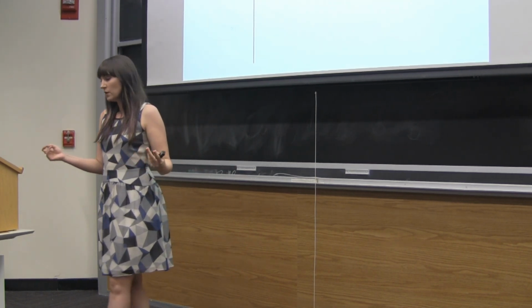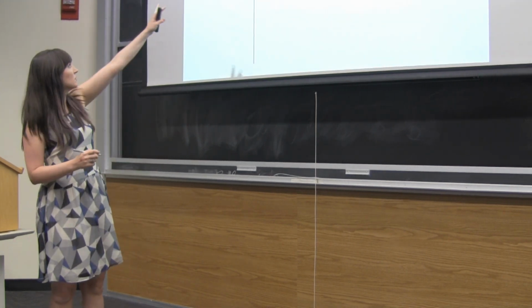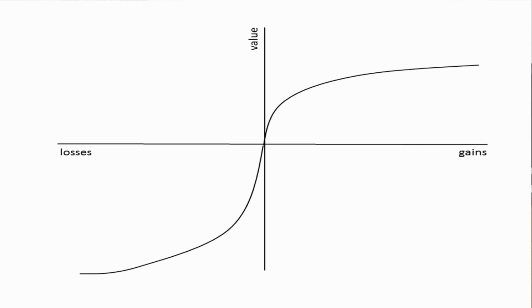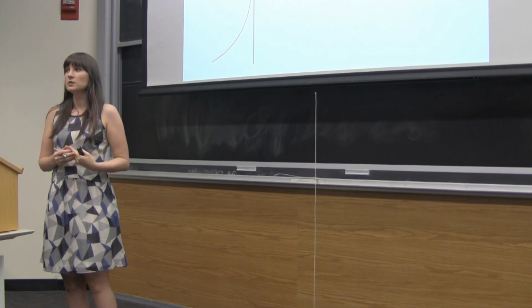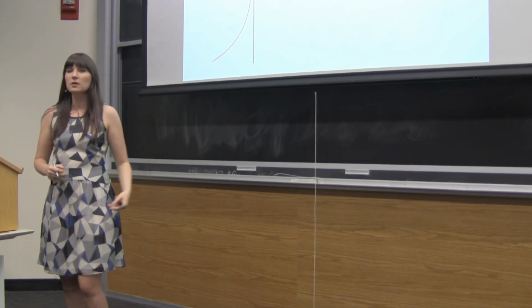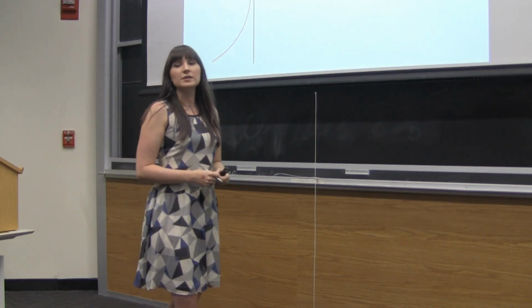Okay. So again, we start with our very typical set of axes, our S-shaped curve. Obviously this is our picture of loss aversion, because we know that it relates back to this prospect theory value function. But what does that really mean?